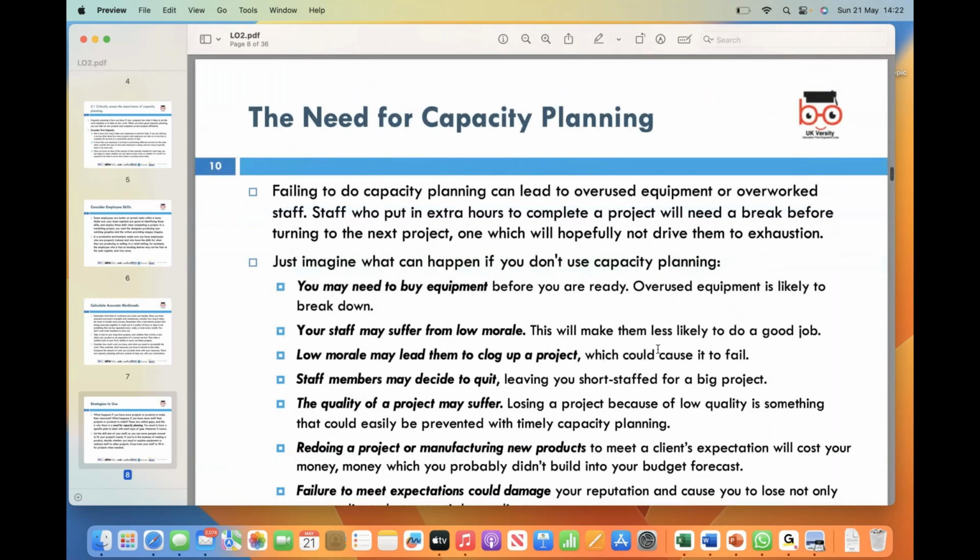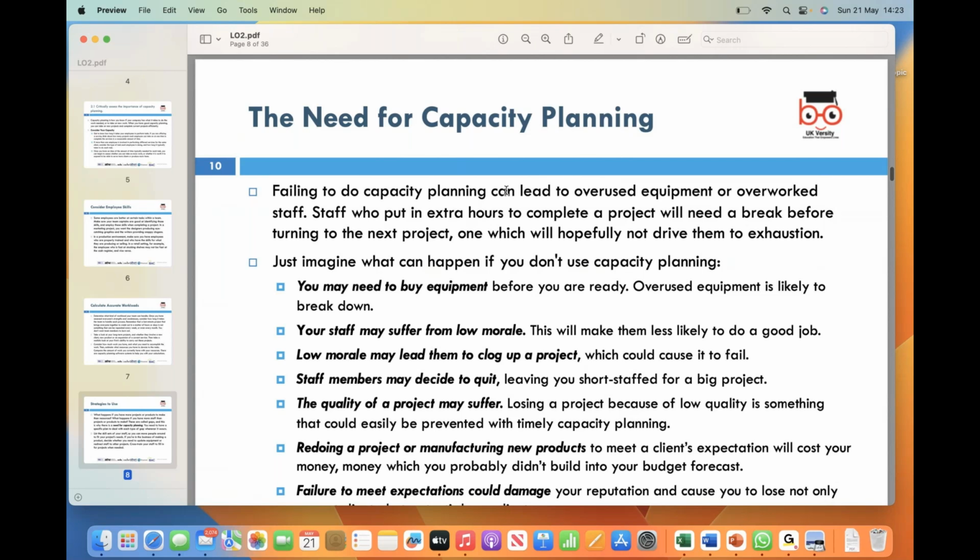Need for capacity planning. Many businesses underestimate the significance of capacity planning, but failing to implement it can have severe consequences. Staff who put in extra hours to complete a project will need a break before taking on the next project, which will hopefully not drive them to exhaustion.